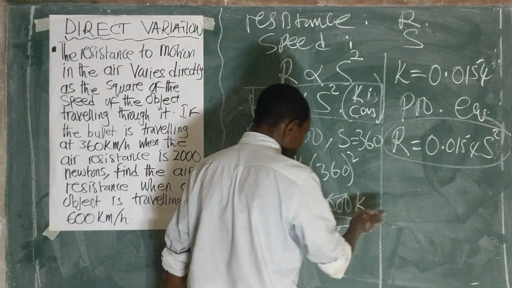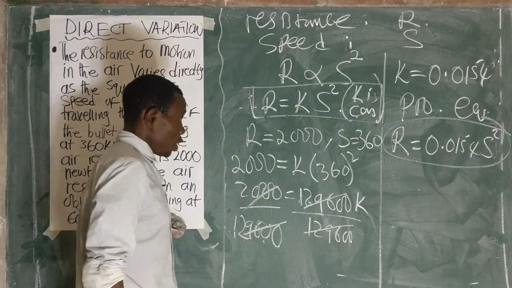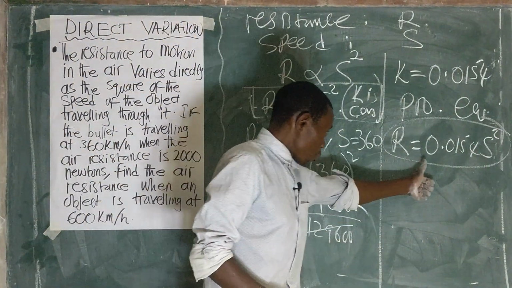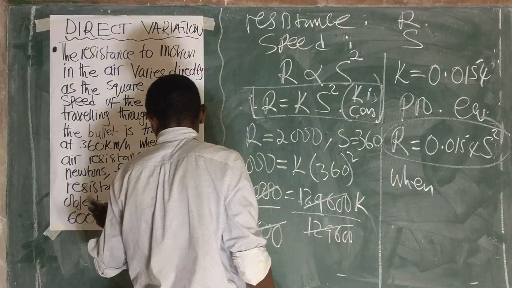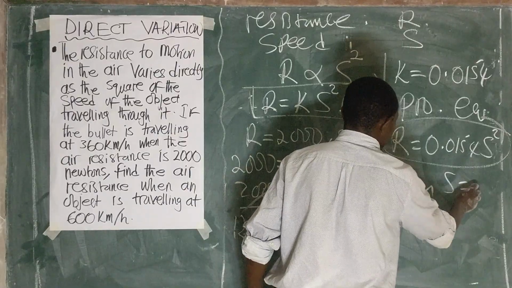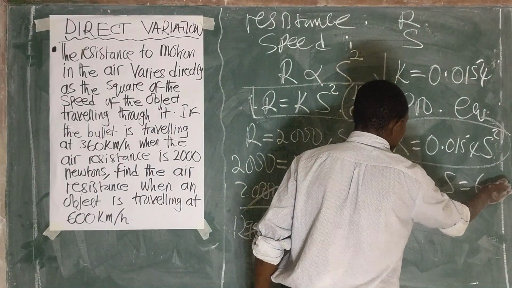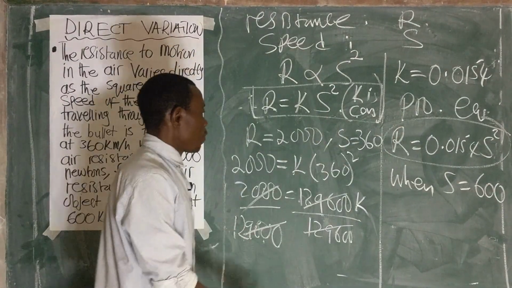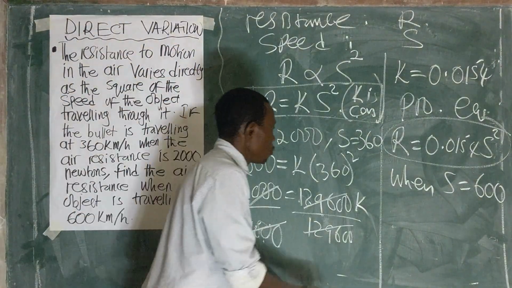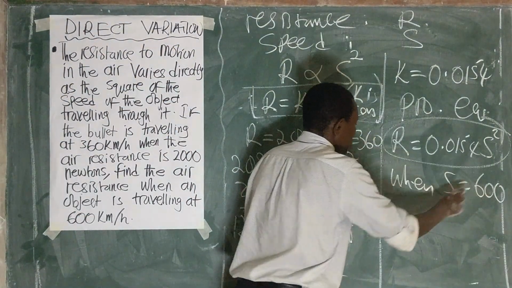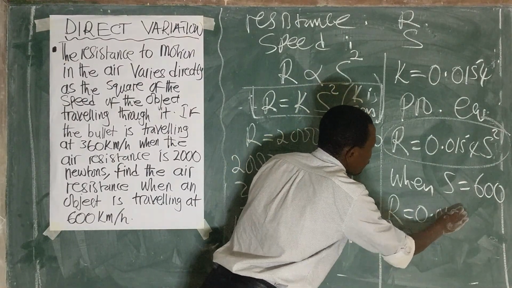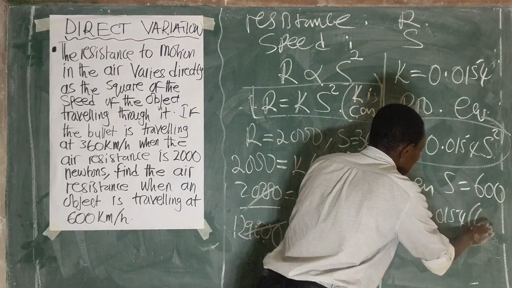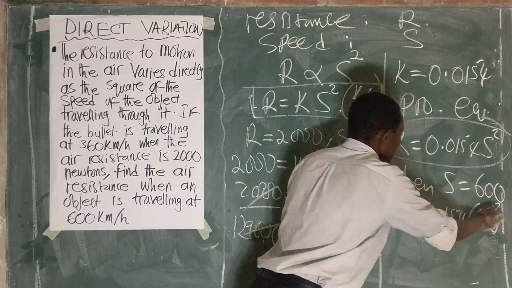Here we are going to use this proportionality equation: when the speed S is 600, what will be the value of R? You just substitute for S. So R is equal to 0.0154 multiplied by 600 squared.